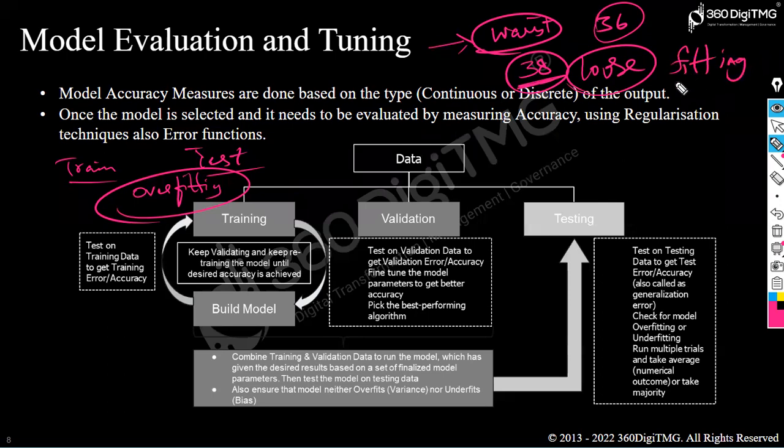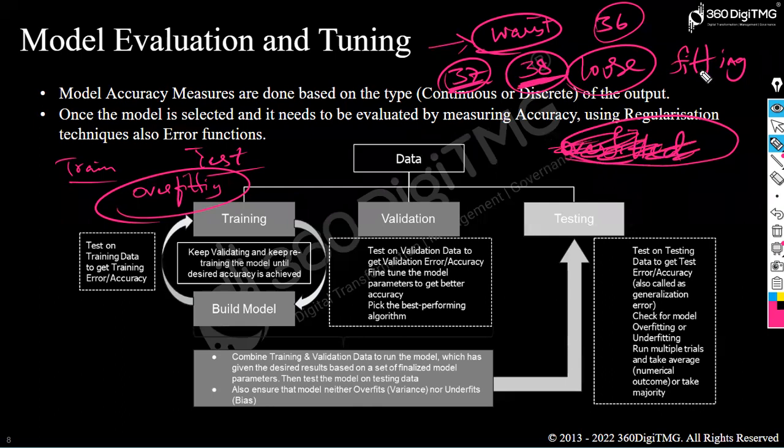It is overfitted. Let's say he has given 37. So some percentage has been reduced and you can easily wear this. If it is 36, you don't have any overfit. It is fitted.